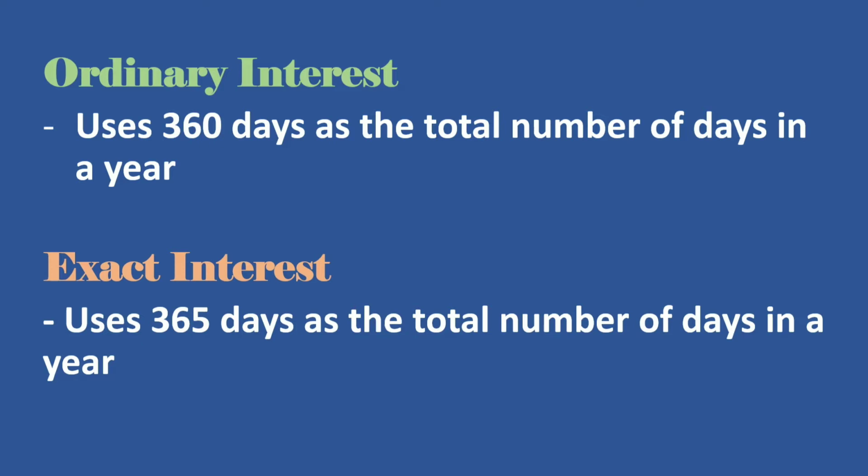Ordinary interest uses 360 days as the total number of days in a year, while exact interest uses 365 days. So we need to look at the problem, whether it asks for ordinary or exact interest.